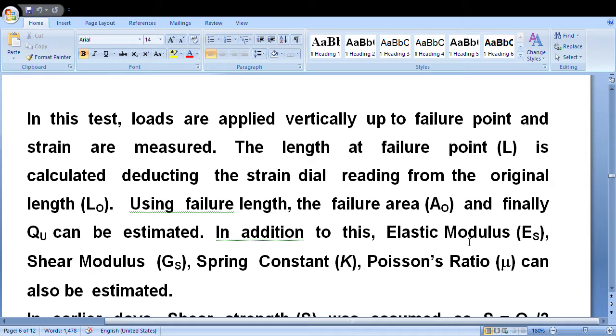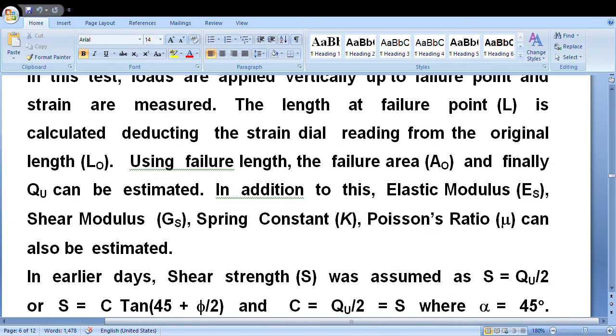Elastic modulus and Poisson ratio are required for elastic settlement analysis, and spring constant is required for machine foundation designing. In dynamic loading conditions we require the shear modulus. So all these things we can calculate from this test.